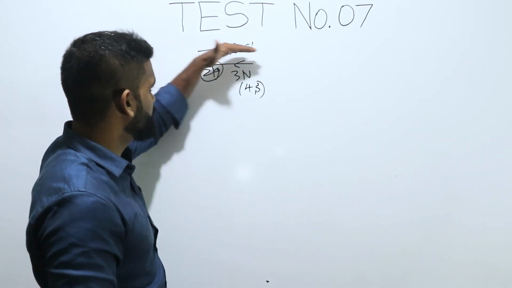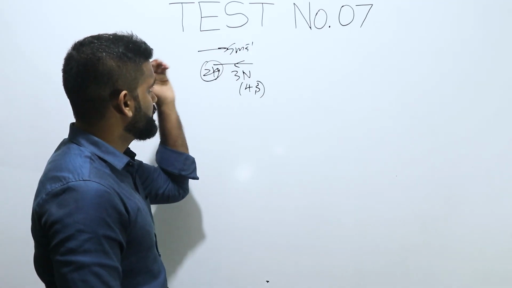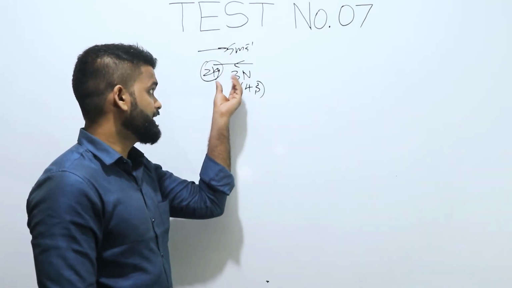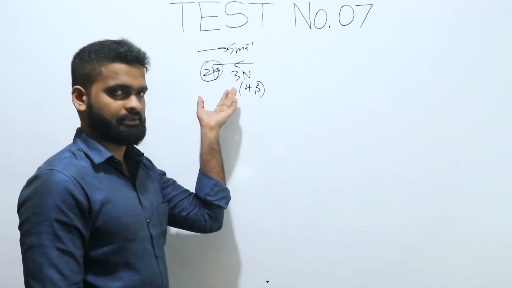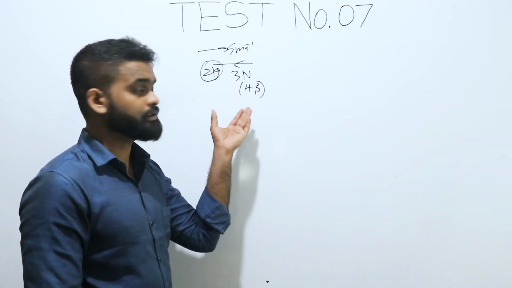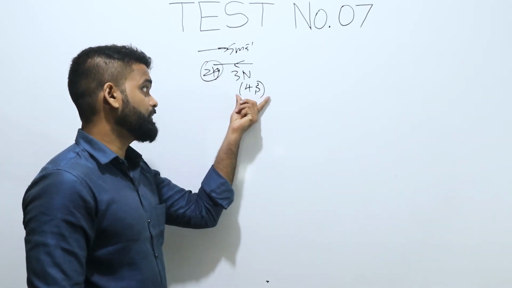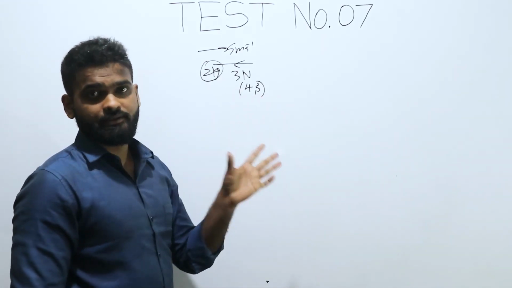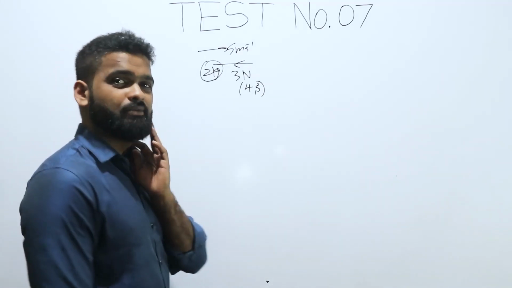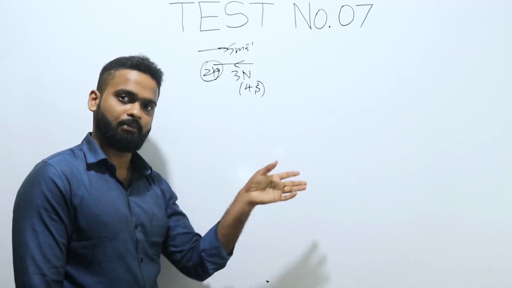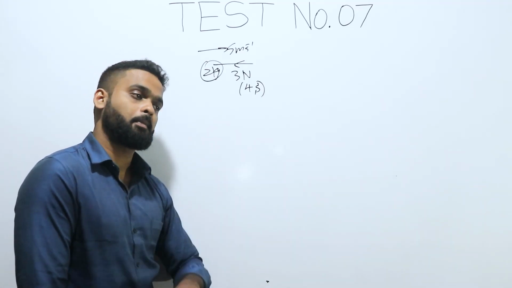So there is an object moving at 5 meters per second. While it is moving, a force is suddenly applied on the object, that is 3 Newton. This is the only force on it, right? This unbalanced force of 3 Newton is applied for 4 seconds. There are many ways you can do this, like using the linear motion equations, then applying F equals ma.